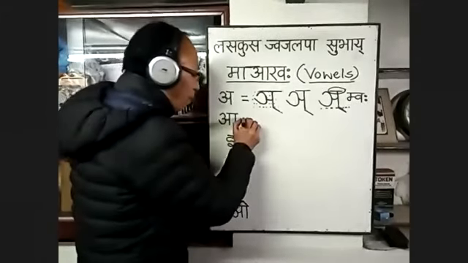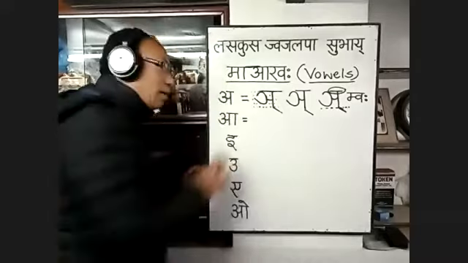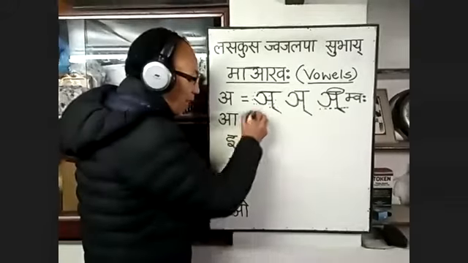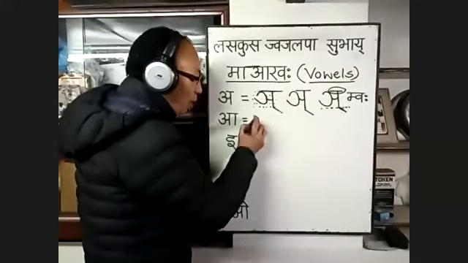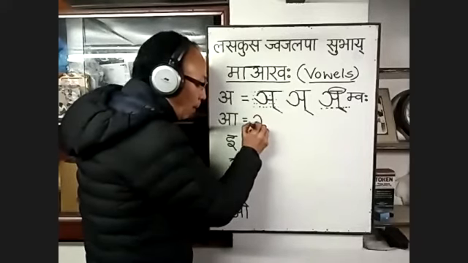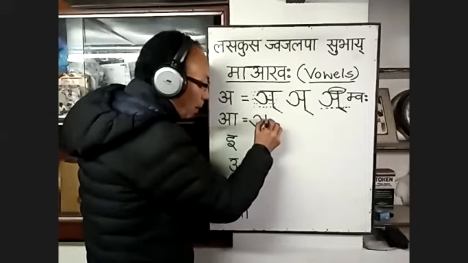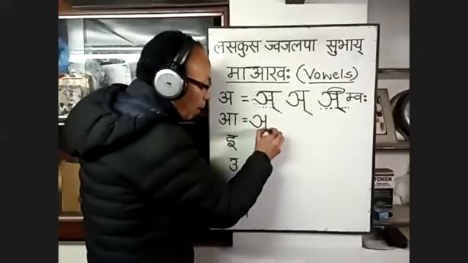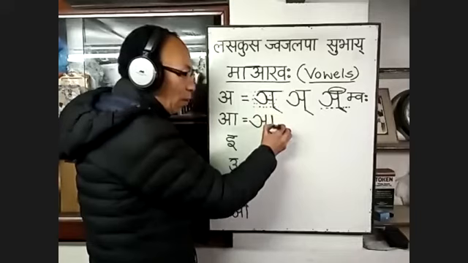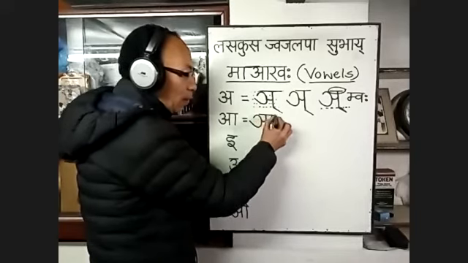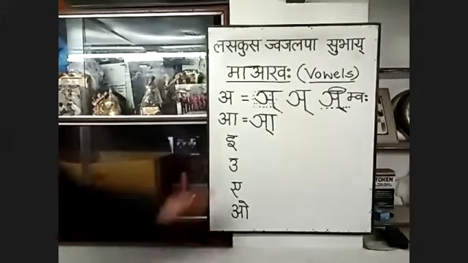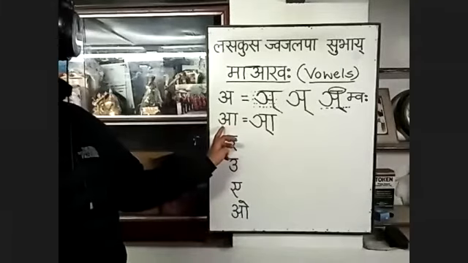So after that, the next vowel is A. So how do we write A? Similarly as we write O, first we write O. Then give another line just behind this O. This is A. It looks quite similar to Devanagari, isn't it?